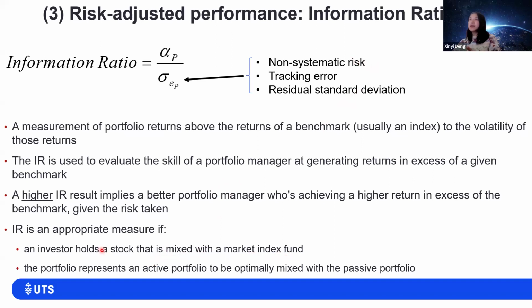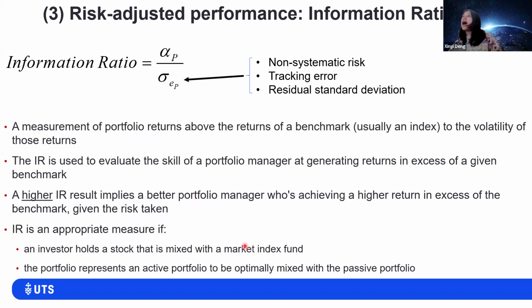In this scenario, the investor is introducing extra unsystematic risk by adding this stock to an otherwise well-diversified, unsystematic-risk-free market index fund. So the extra risk introduced is the unsystematic risk. That's why we are punishing the unsystematic risk by dividing by it.